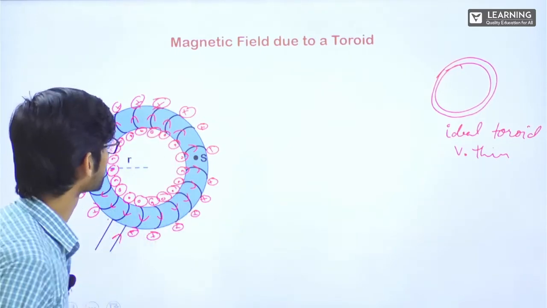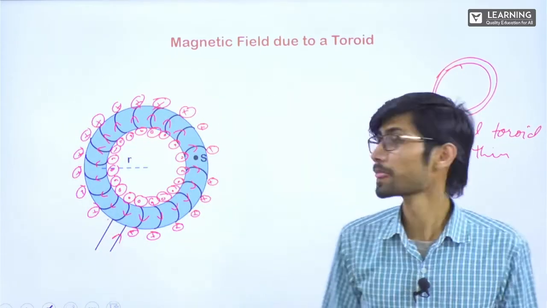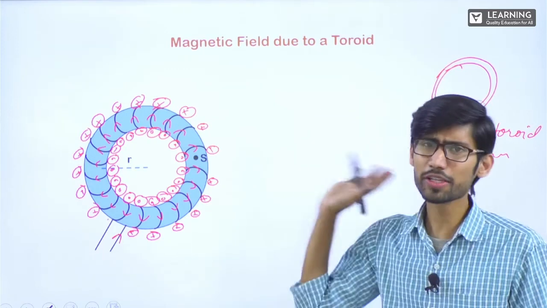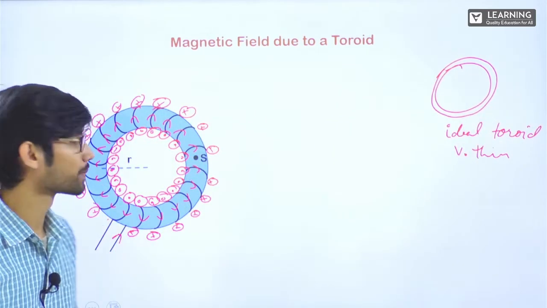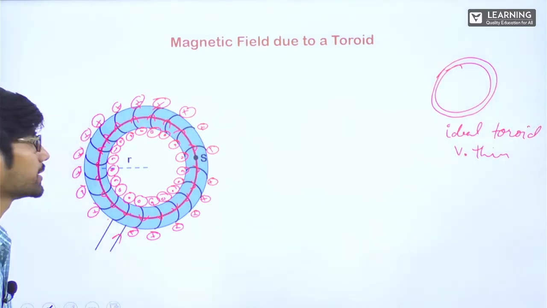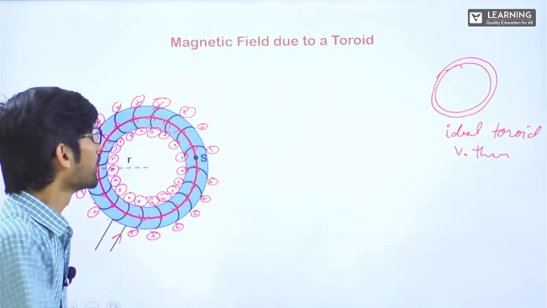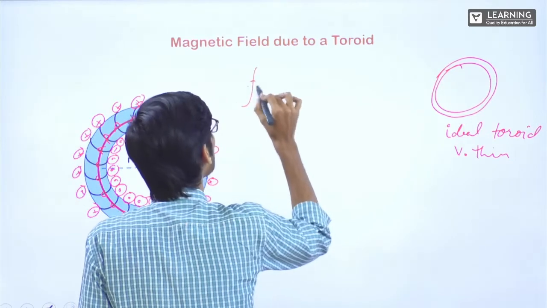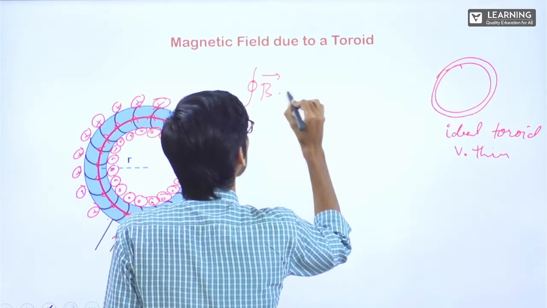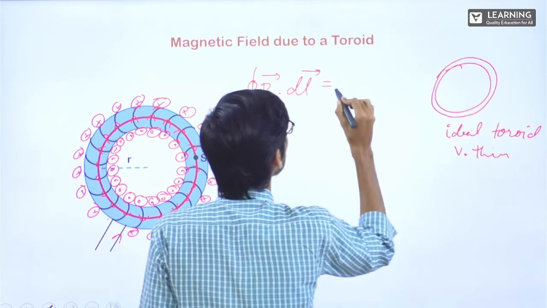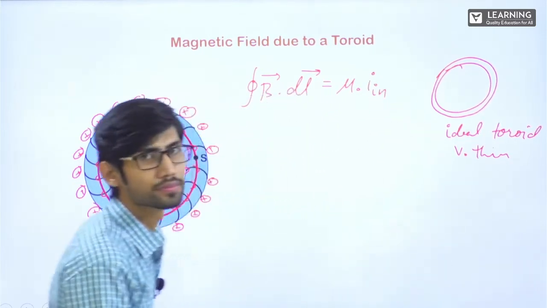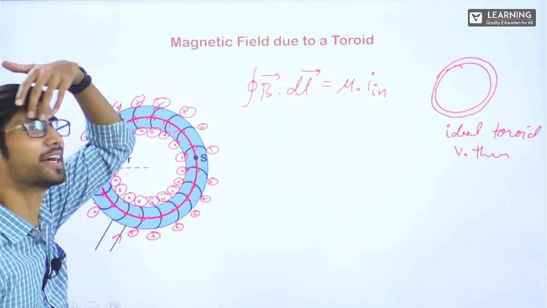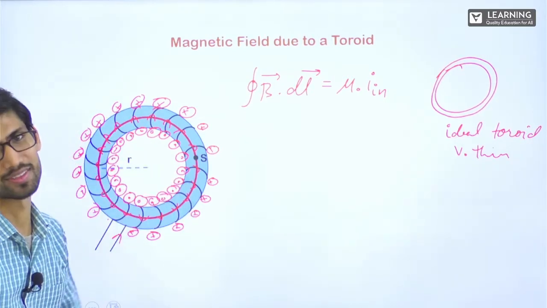All right. Now see, again using Ampere's law. First we'll take an Ampere's loop. Ampere's loop will be something like this. Formula, Ampere's law: integral B vector dot dl vector is equal to mu naught into I inside. Now this time I inside is not 0.